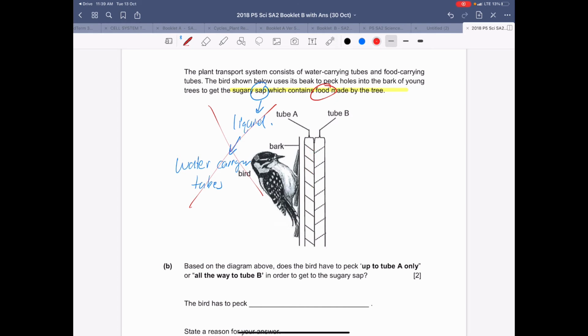Now, Jane's friend found the torchlight too dim. He wanted to modify the torchlight by adding more light bulbs in series. Explain why additional light bulbs may not result in a brighter torchlight. So from here, it really gives us a very big hint that, okay, it's in series. If you recall, I told you before, if you add bulbs in parallel, every single bulb will be equivalent to the first bulb.